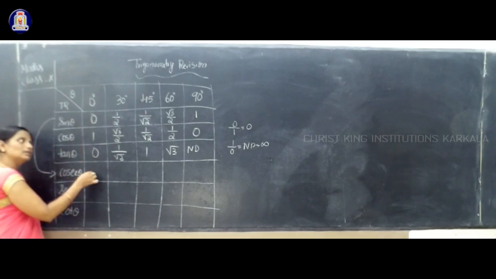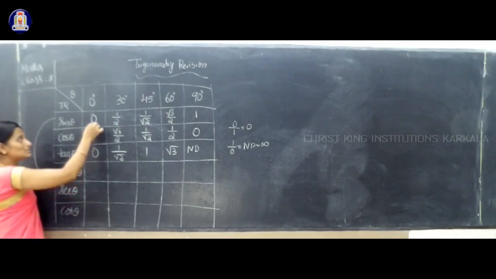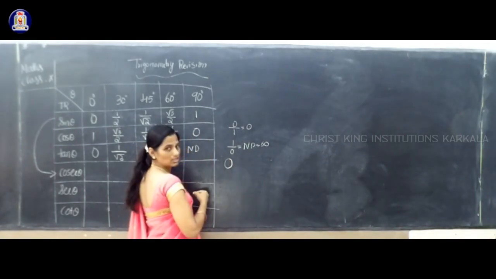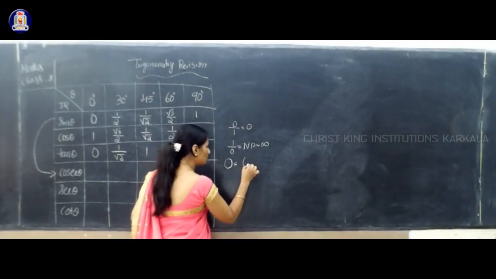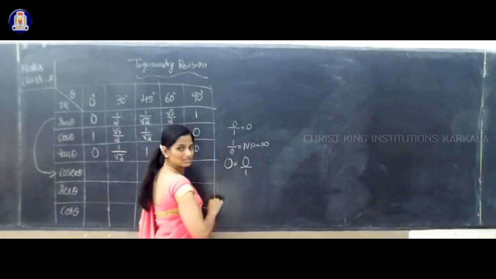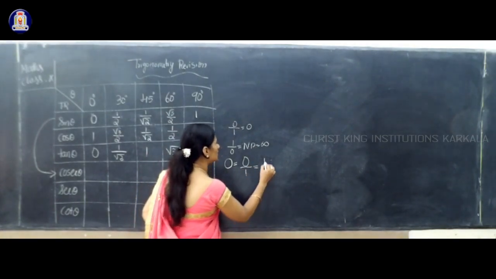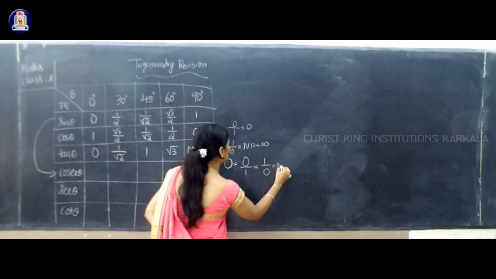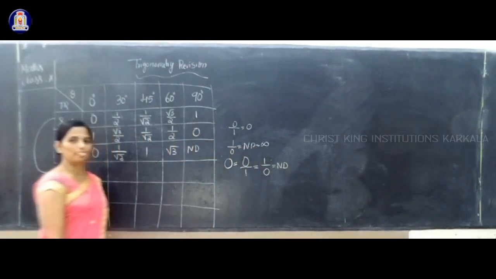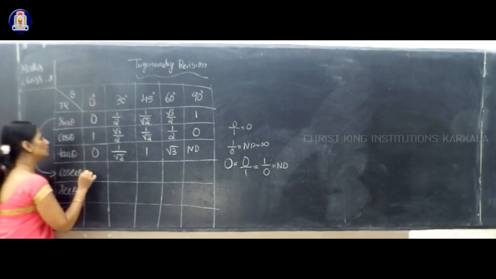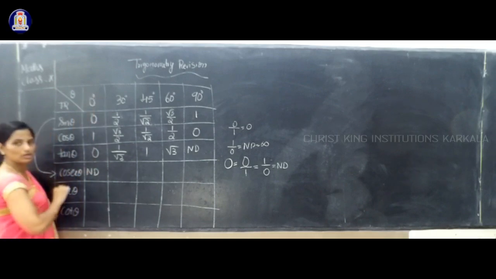Cosecant 0 is the reciprocal of 0. We can write 0 as 0 by 1, and its reciprocal is 1 by 0. So 1 by 0 is not defined. So cosecant 0 is not defined.